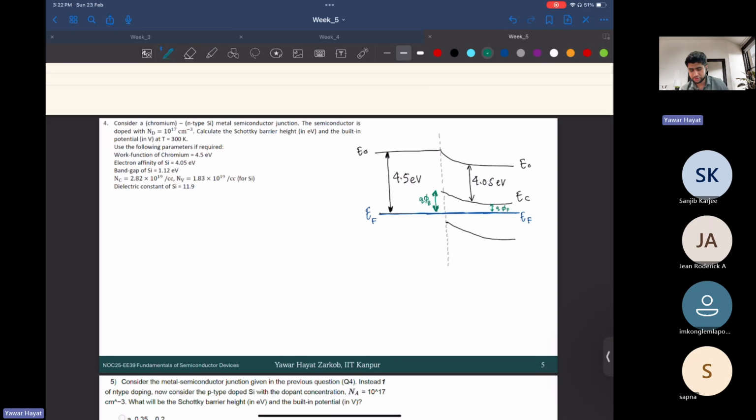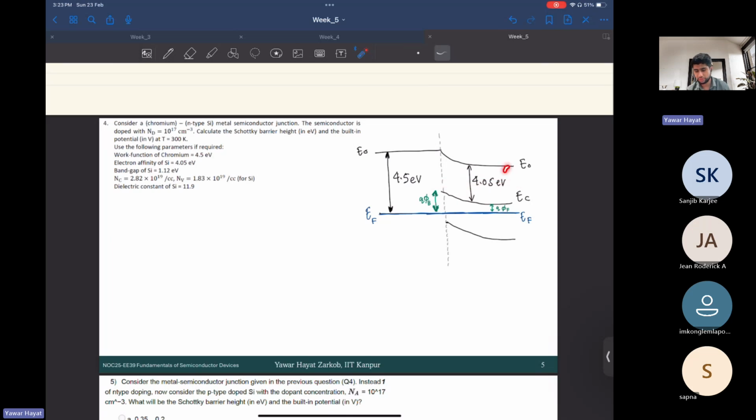So how much would this q phi B be equal to? This affinity is constant throughout the semiconductor.